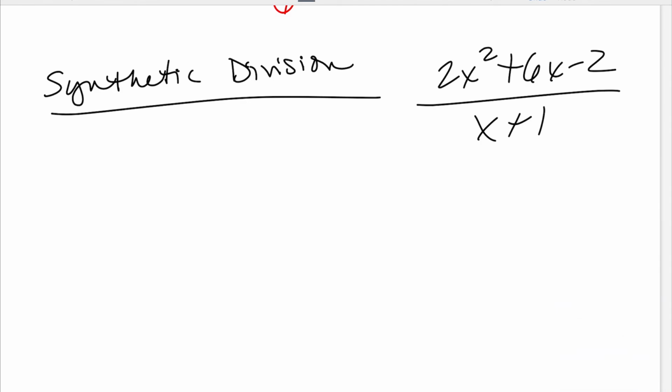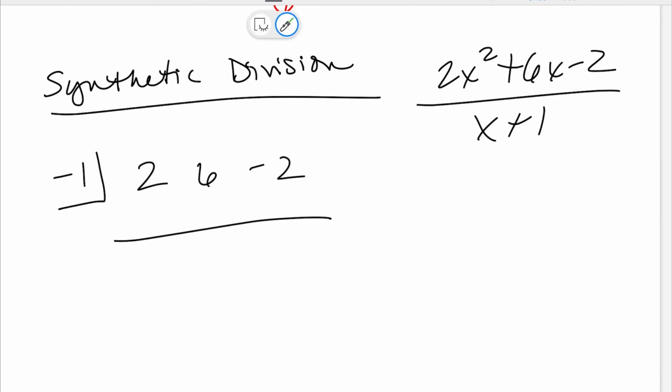So if you remember, with your synthetic division, you're always going to take whatever your factor is. So that's going to be -1. I like to put it in a box over there. Some people do a division bar. However you were taught is fine. And then you take your coefficients: 2, 6, and -2. You drop down that 2.